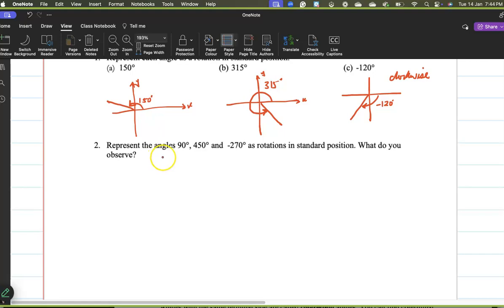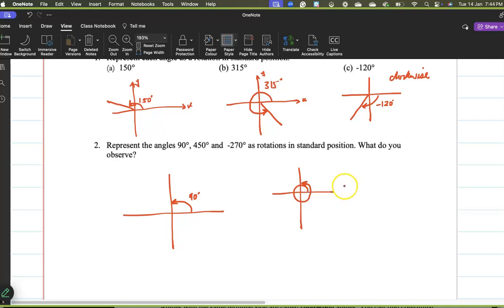Okay. Represent 90 degrees, 450 degrees, minus 270 as rotation in standard position. So if you have 90, this is your 90 degrees, correct? 450: 9 2s are 18, 9 3s are 27, 9 4s are 36, 9 5s are 45.